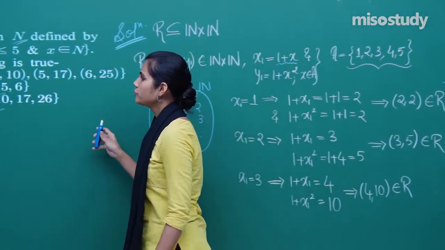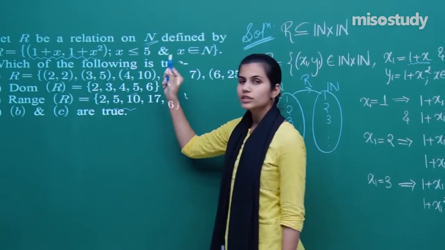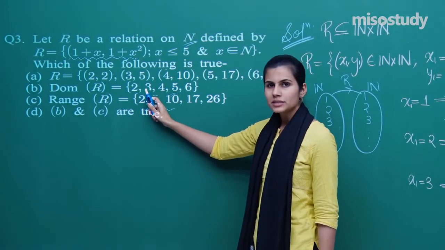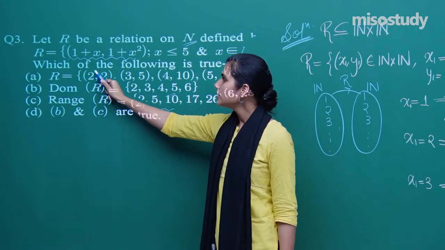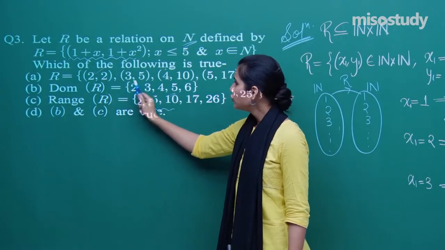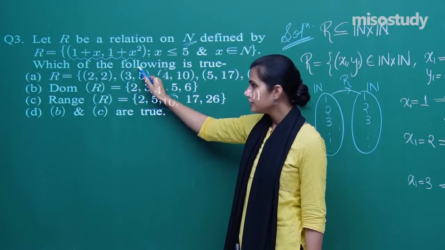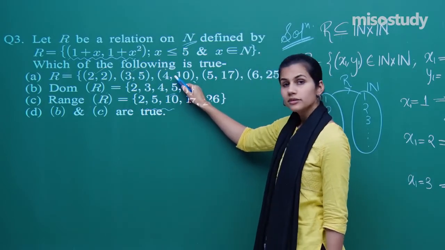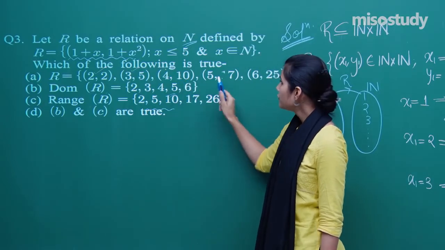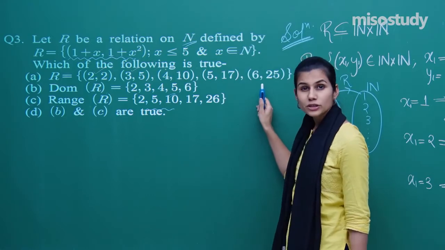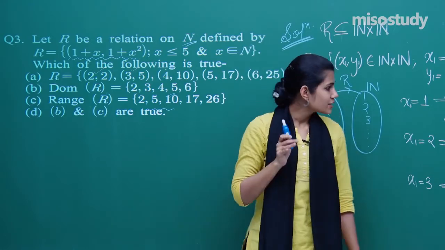The first option says that corresponding to this rule, the R which comes out is (2, 2), yes, it was a member, (3, 5), yes, definitely, (4, 10), (5, 17), (6, 25). Well, let's go and check.